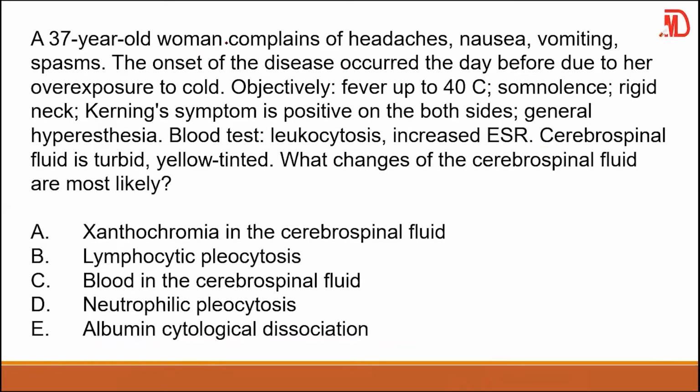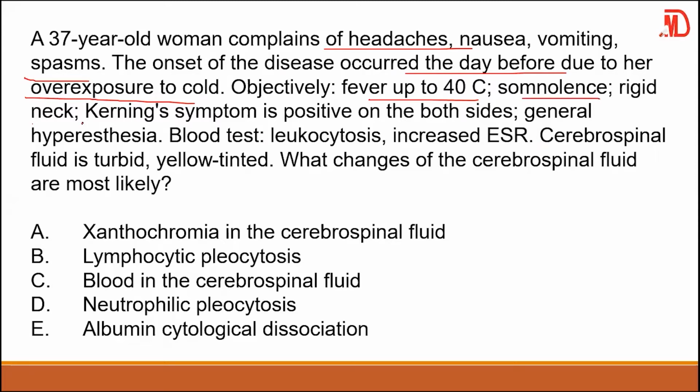A 37-year-old woman complains of headaches, nausea, vomiting, and spasms. The onset of the disease occurred the day before due to her overexposure to cold. Objectively, fever is up to 40.